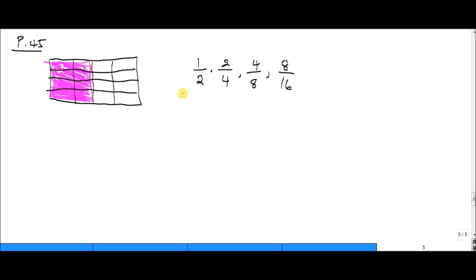Now, to find equivalent fractions, we can multiply the numerator and the denominator by the same number, or the same factor. So in this case, we could try 2/2, and 2 times 1 will give us 2, and 2 times 2 will give us 4.